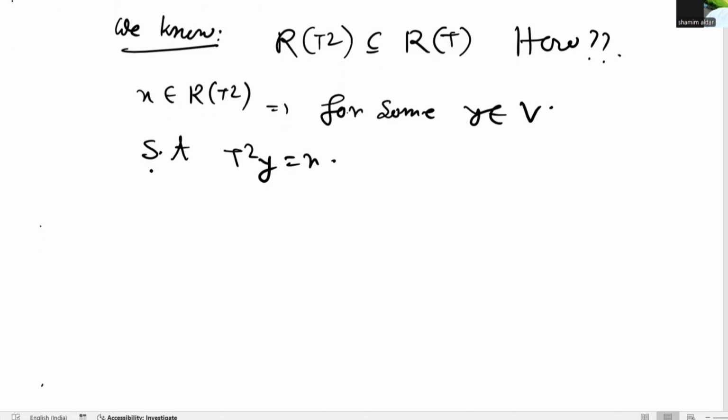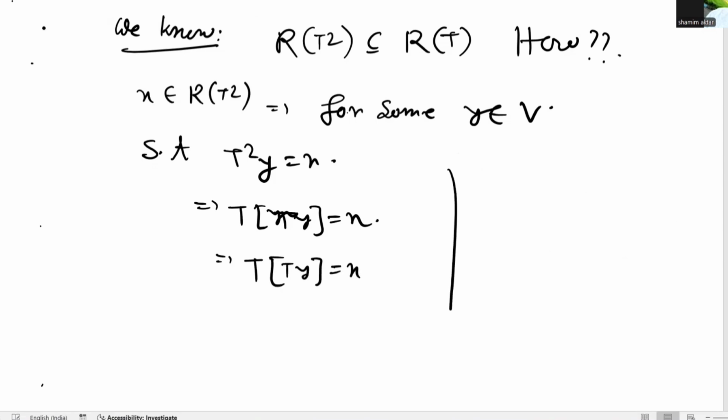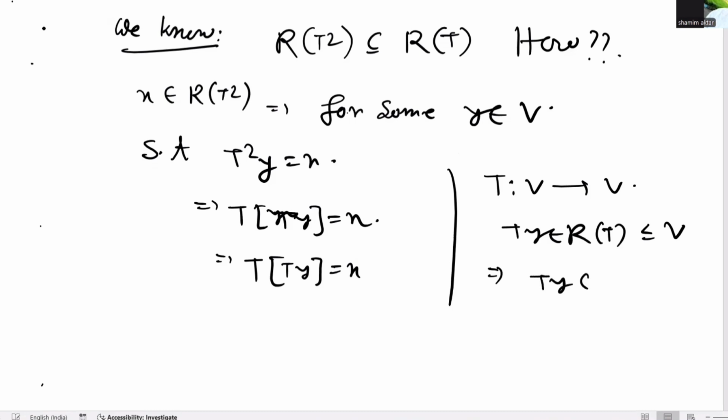So this implies T of Ty equals x. Here T is a linear operator from V to V, and T of y belongs to the range space of T, which is a subspace of V in the codomain V. So T of y also belongs to V, and we write it as some y dash.